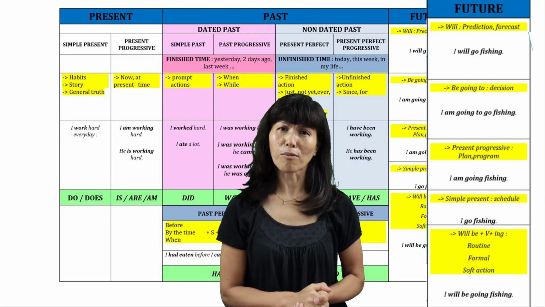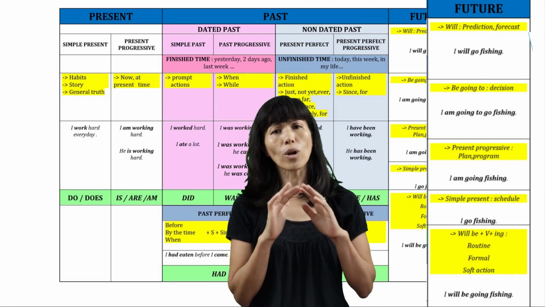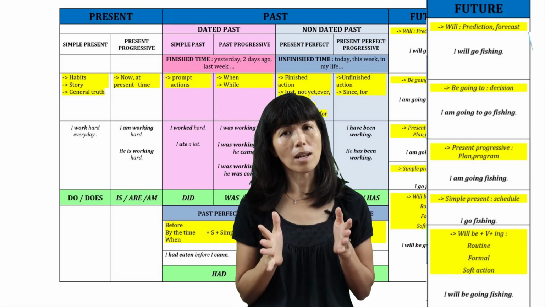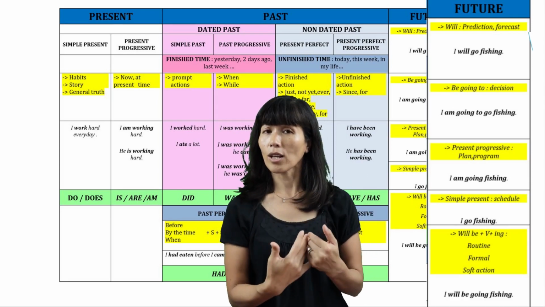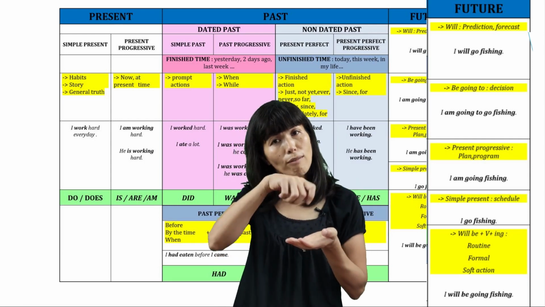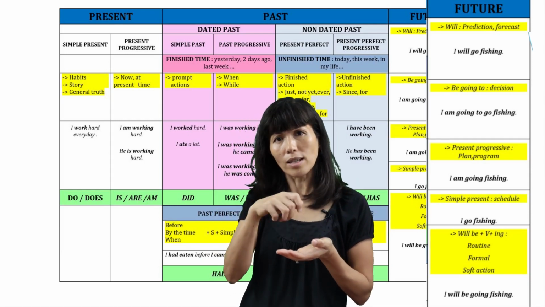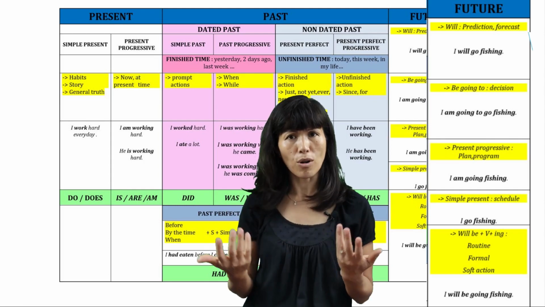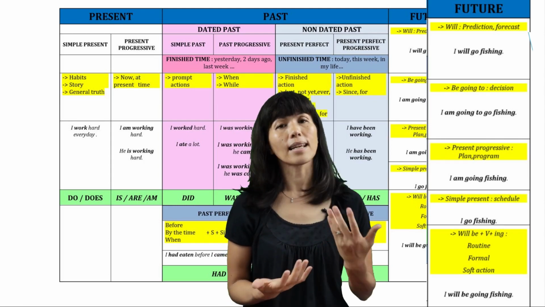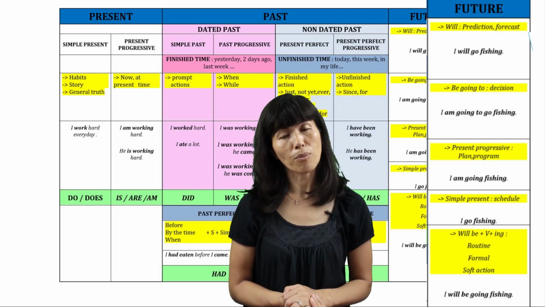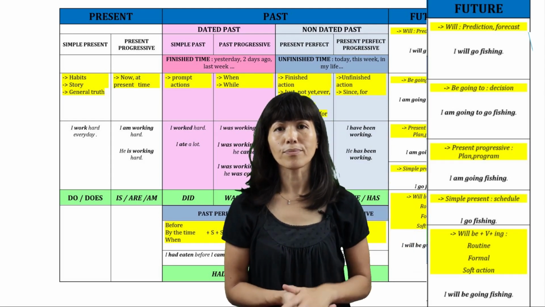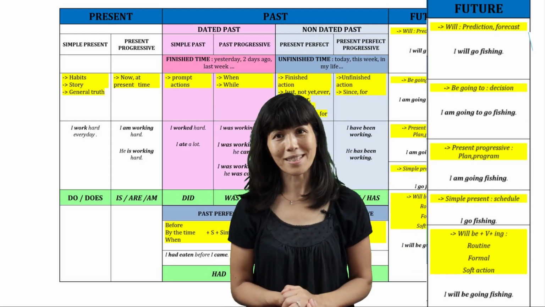When you use this form, it means that it's something you have planned to do. It's like you take a calendar book and you have written it down, right? It's part of your program. So it's a plan. And so you're flying to America to visit your family members.